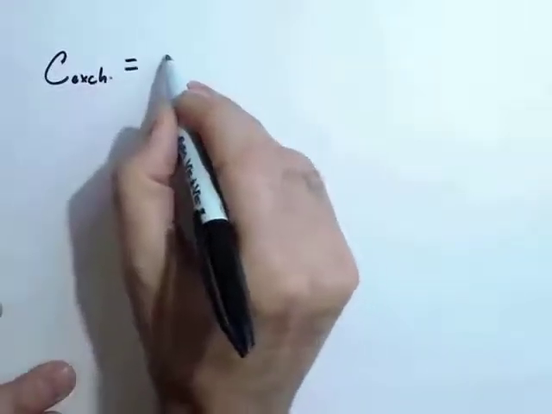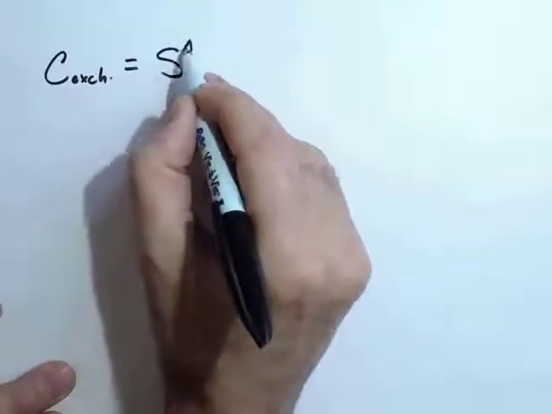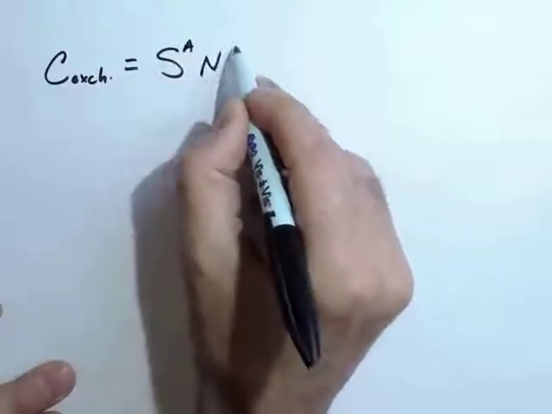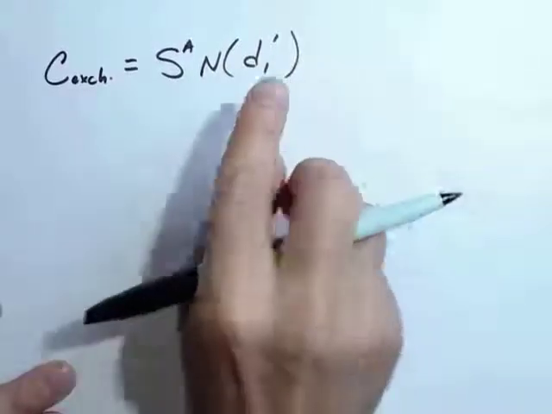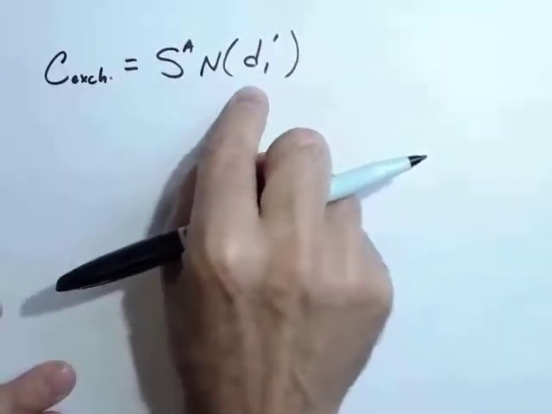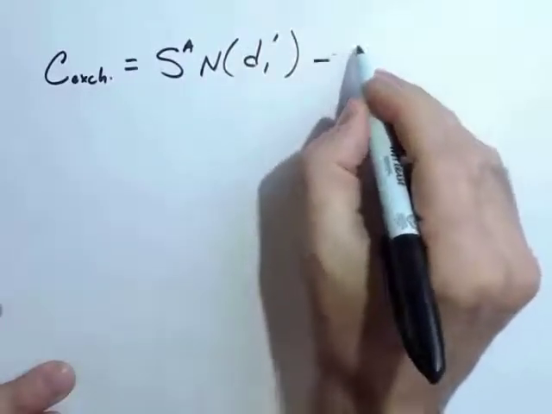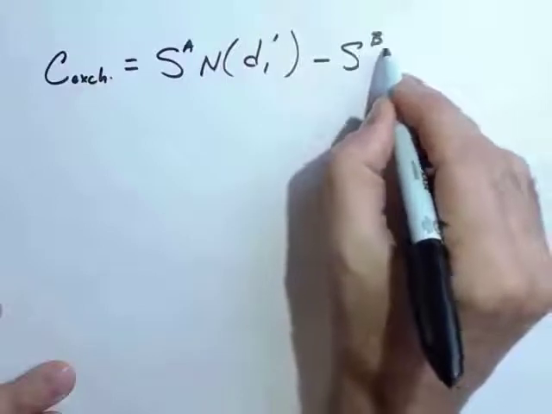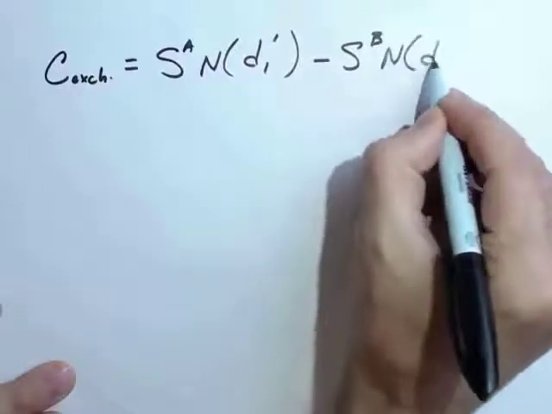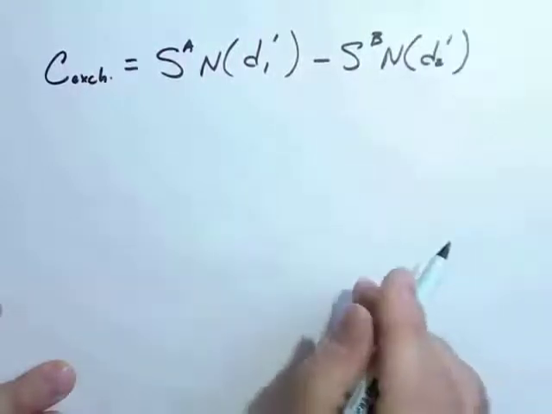It's going to equal SA N(d1), and we're going to put a little apostrophe there because it's not quite the same N(d1) that we're used to. It's going to be similar. And then we're going to take stock B times N(d2) with a prime on there also.